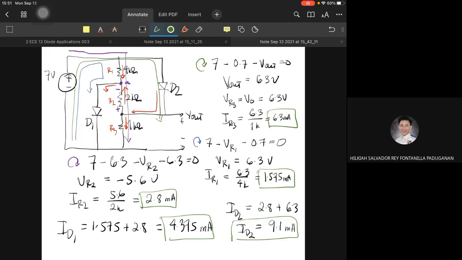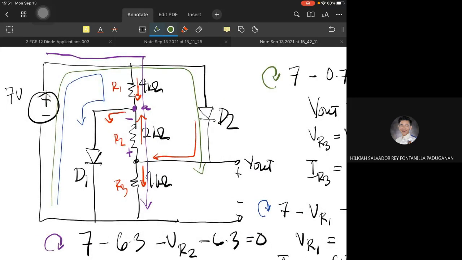So far, the circuits that we have encountered with regard to diodes have only DC sources, or direct current sources, just like this one, which may be implemented using a DC power supply or battery.